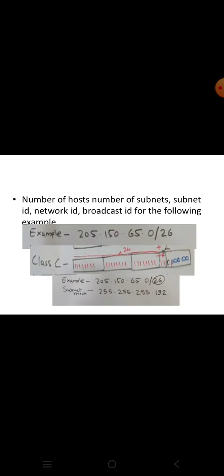Slash 26 means the first three portions, 24 bits, are allocated for network. Again 24 plus 2 is 26; the 2 bits we are taking from the host portion.